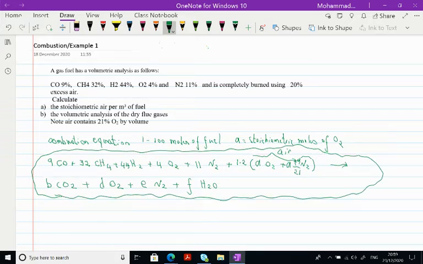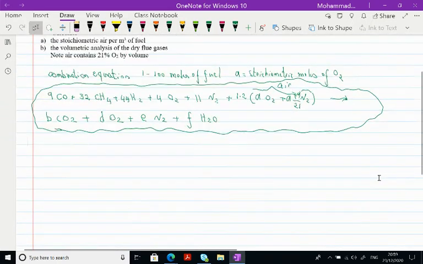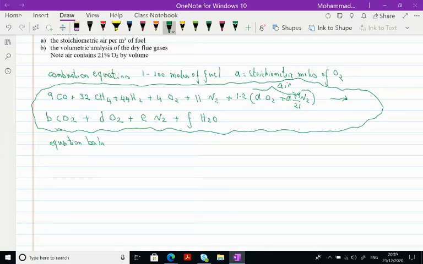So now we will start the equation balance. Based on the conservation of mass, we need to have the same amount of every element on the left hand side and on the right hand side. So we start with the carbon.